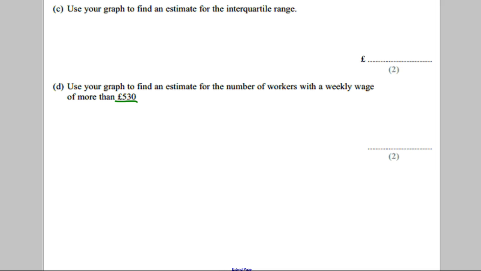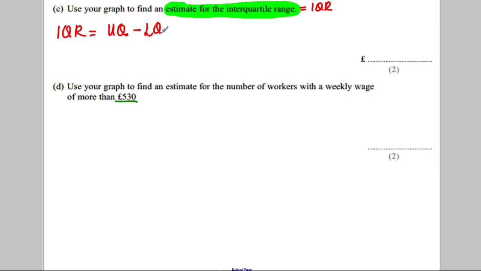Okay, use your graph to find an estimate for the interquartile range. Do you remember I told you sometimes they do this. The interquartile range, which I'll write as IQR for short, is the upper quartile take away the lower quartile.